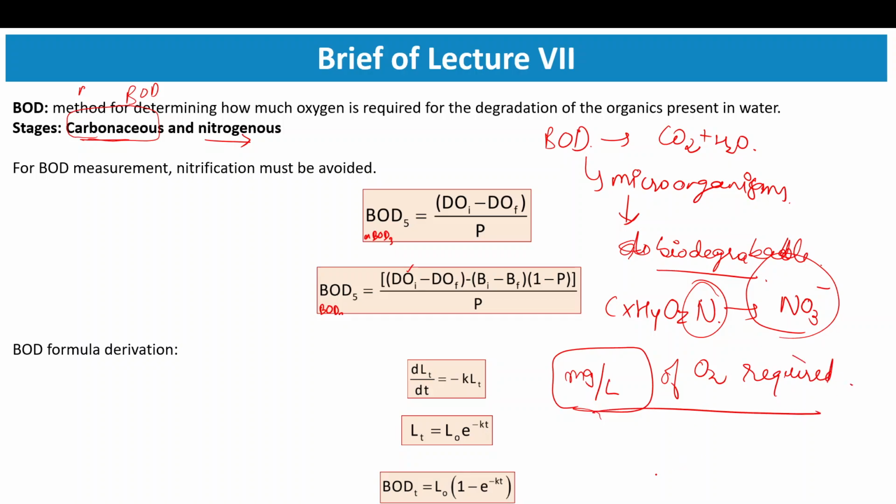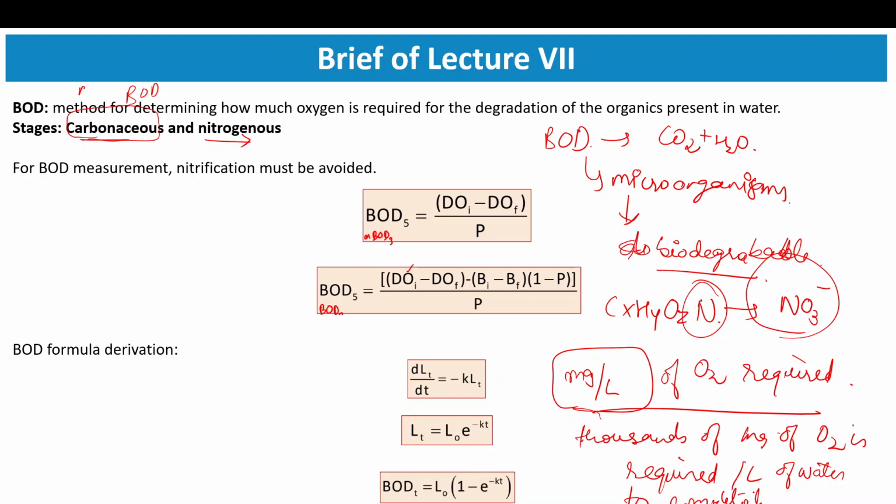Usually, since there are very high concentrations of organics in wastewater, hundreds or thousands of milligrams of O2 per liter of water is required to completely oxidize, right?